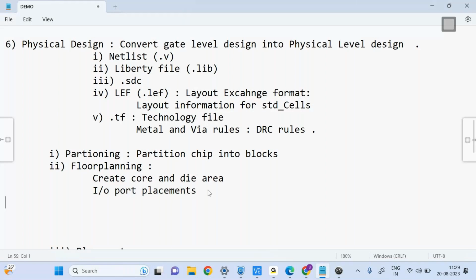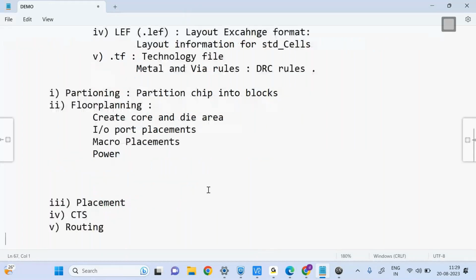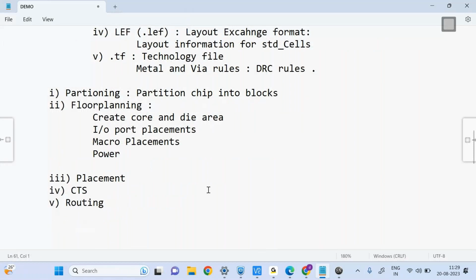Next we have macro placement. Next we have power planning. In between we have small steps like physical cell placement. I ignore all the small steps, because if I start discussing all of them it will become a 3 or 4 day session. I am only mentioning the main steps. So here we have power planning.